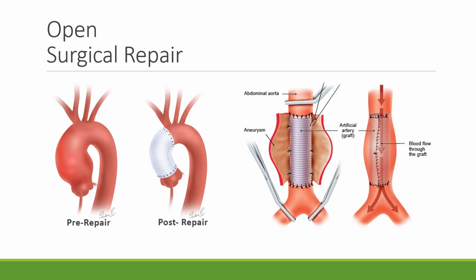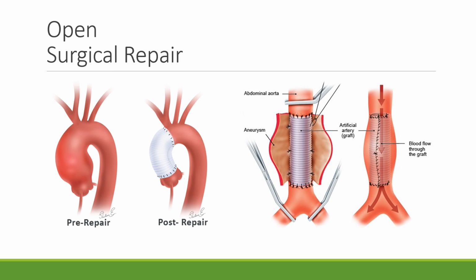An acute aortic dissection is a surgical emergency. More than half of them will die within 48 hours of symptom onset. Surgery involves resection of the aortic segment with the intimal tear and replacement with a synthetic graft.